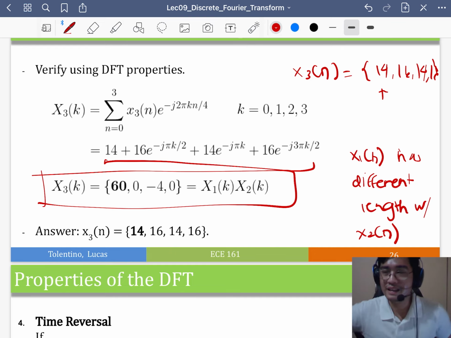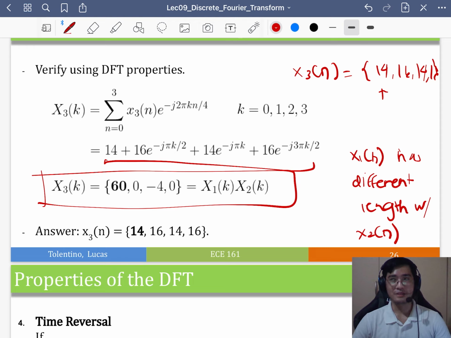If x1 and x2 are of different lengths, how can we do circular convolution? I want you to answer on your own, or reflect upon. And if you are not able to solve that, that's all right.